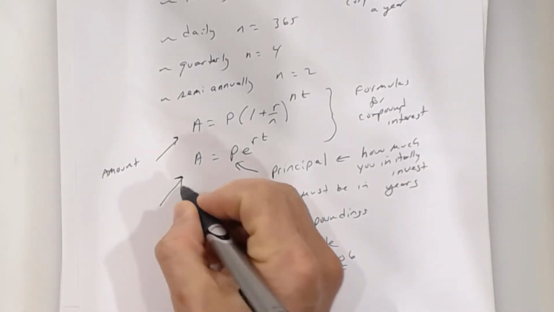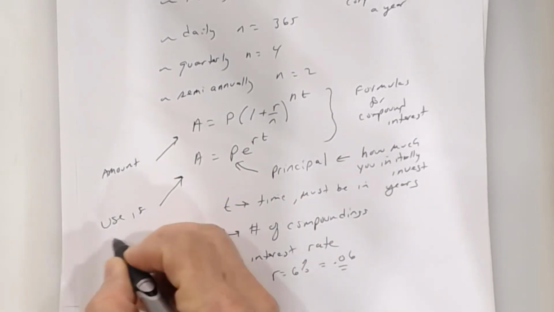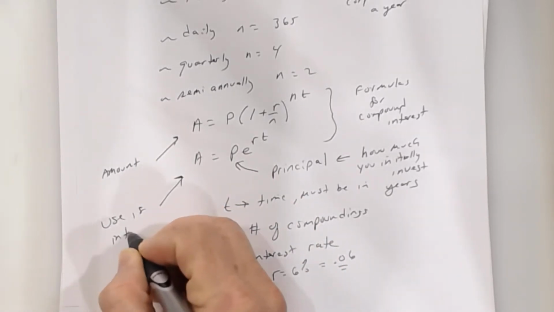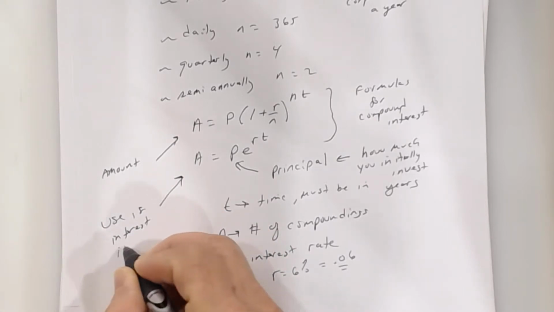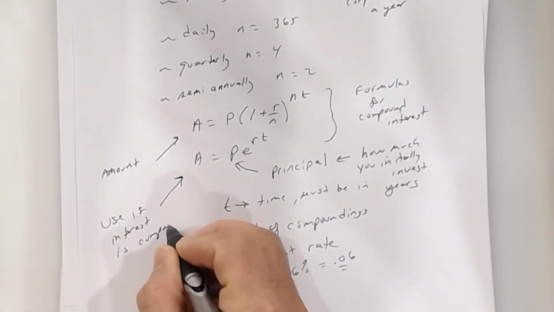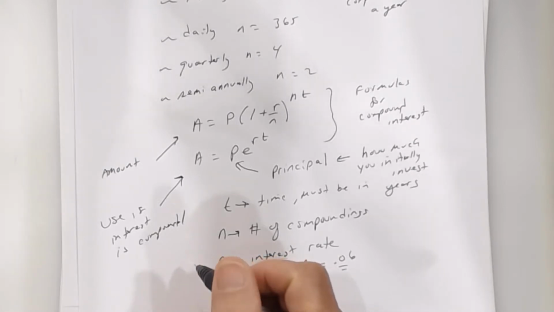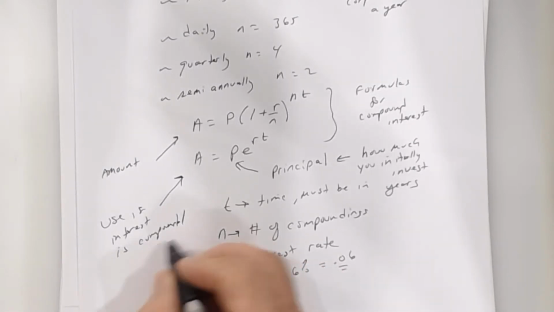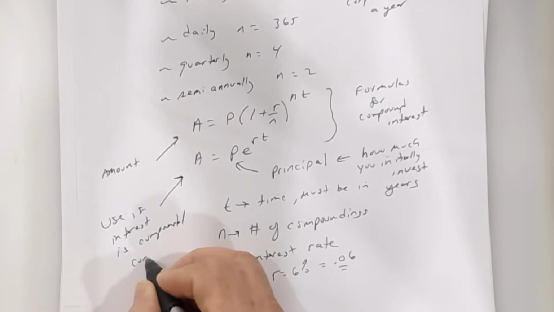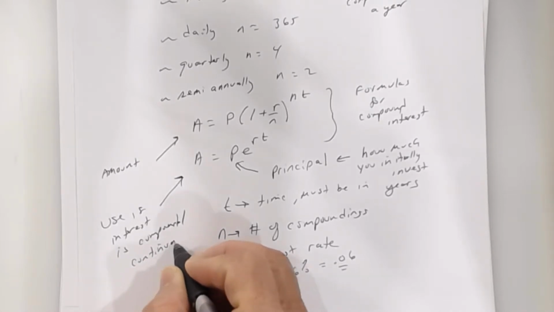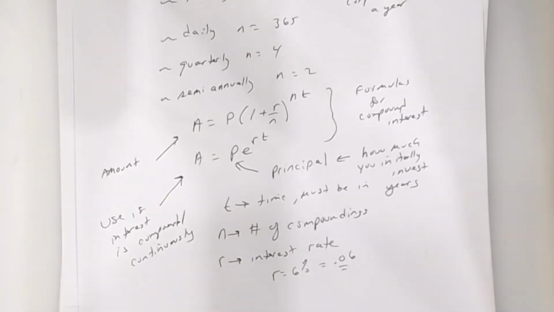So you're going to use this if interest is compounded not finitely, but infinitely. And what's the word we use for infinitely? Compounded what? Continuously.